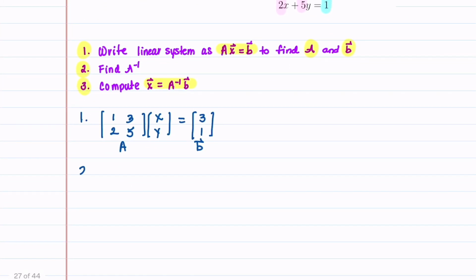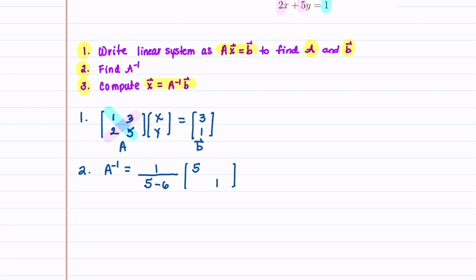Our second step is that we have to find A inverse. So A inverse is equal to 1 divided by the determinant of A. To find the determinant of A, you just multiply the main diagonal of A and you subtract off what I call the off diagonal. So this is going to give us a 5 minus 6. And then in our matrix here, the numbers on the main diagonal, which I've highlighted in blue, get switched.